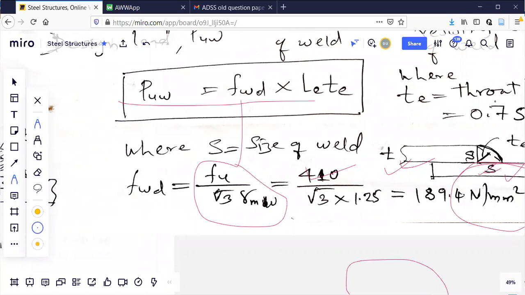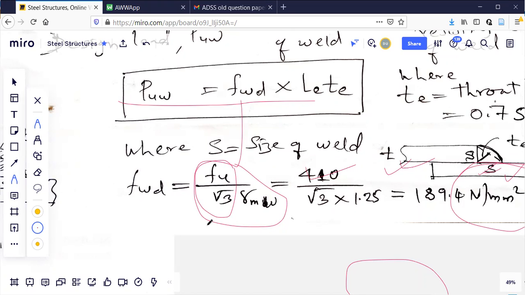It means whenever a member is connected with welds, if stress in the material of the weld is 410, exactly that much stress is not what we are getting experimentally. So one constant, they might have tried many trial and error constants. Finally, they say Fu by root 3 is the value. Fu by root 3 is that much of ultimate stress a weld can possess.